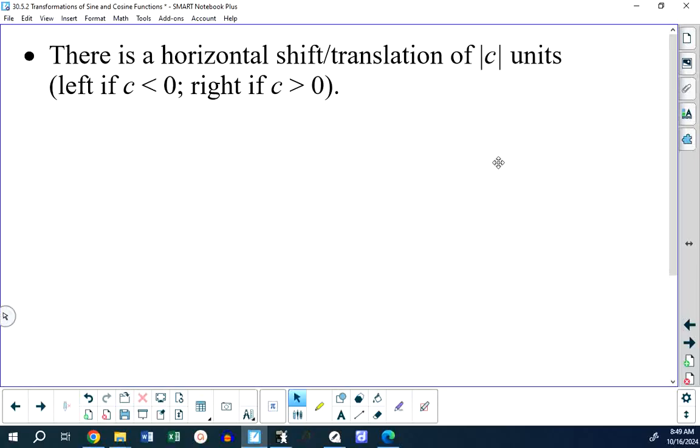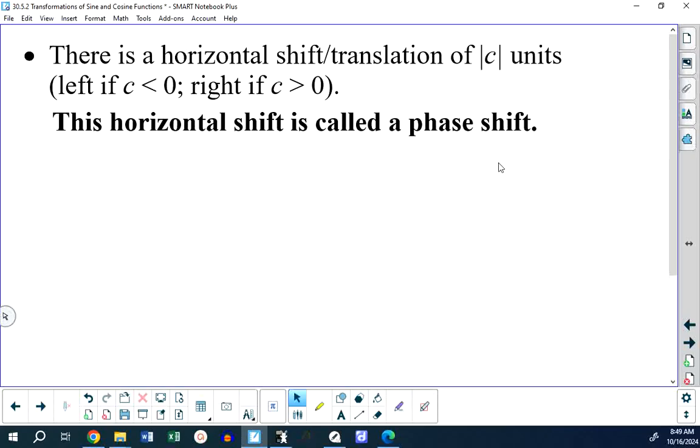So c is the parameter that tells you about the horizontal translation. There is a slight change, though. We call it something specific in terms of trig functions. We don't just say it's a horizontal shift or a horizontal translation. What we call it is a phase shift. And you need to get used to hearing that phrase, phase shift.